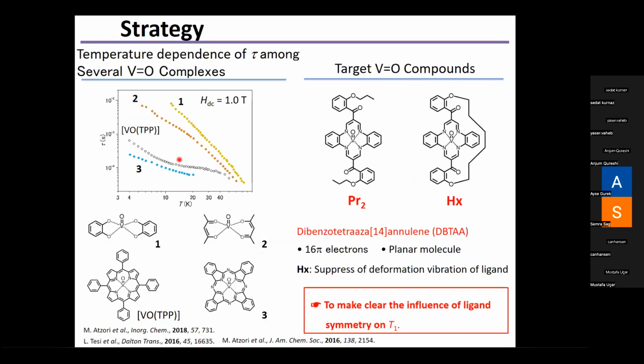So this is the result of the already reported compound 1, with the longest lifetime, compound 2 here, and oxyvanadium TPP and phthalocyanine here. But we focus on the different macrocycles, propyl aniline macrocycle and hexyl rigid aniline, oxyvanadium propyl and hexyl, to make clear the influence of ligand symmetry on T1.